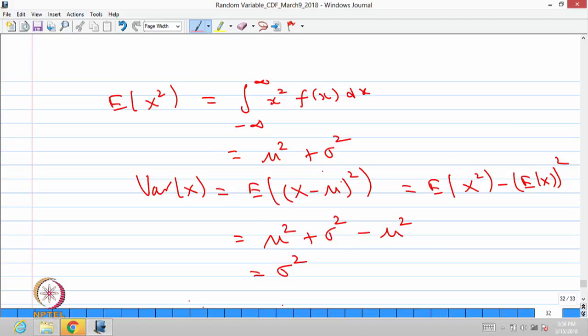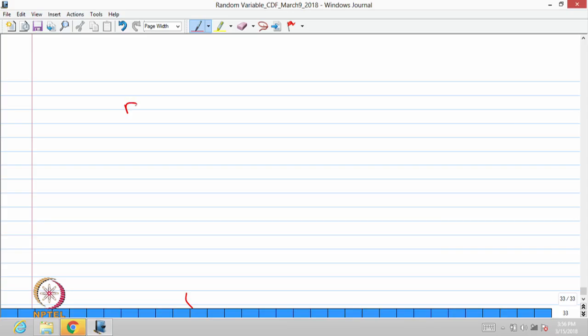Now we can go for higher order moments, that is, the expectation of (x minus mu) power n for n equal to 3 onwards, because for n equal to 2 that is the same as the variance, which we got already.